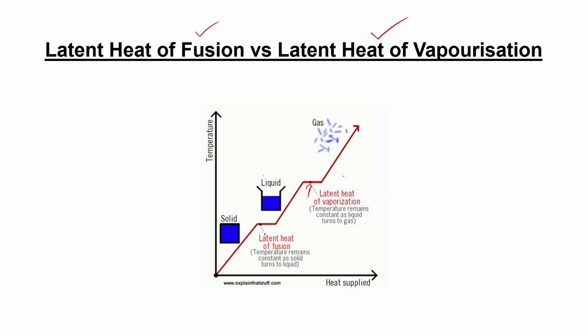So heat absorbed at this time is not used to increase the temperature, but to break the bonds of the solid phase to liquid phase. So this is called the latent heat. So this heat absorbed during the phase change process from solid to liquid is called latent heat of fusion, and the heat absorbed during the changing phase from liquid to gas is called latent heat of vaporization. These are the differences.